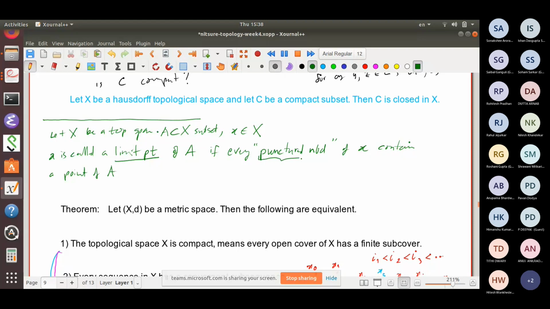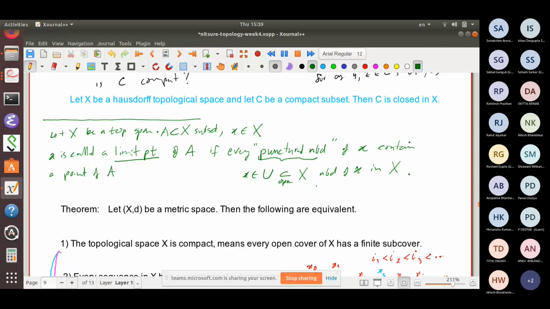Punctured neighborhood means you take a neighborhood, an actual neighborhood U, open in X. The neighborhood of x in X, open neighborhood, means something like this. People also use the word neighborhood to mean anything which contains an open neighborhood is also a neighborhood.